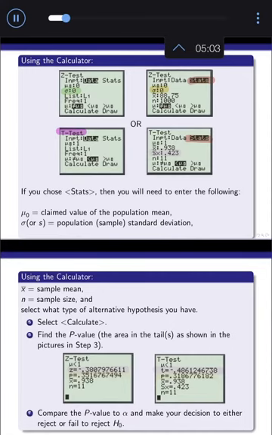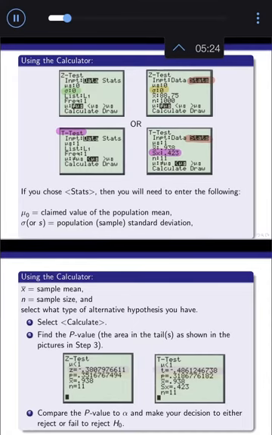That's a good hint or reminder. Also, look at the t-test for the information you're supposed to input. Notice they use S, which means the sample standard deviation, not the population. That's again a reminder as to what kind of test you need to do based on the information that's given.